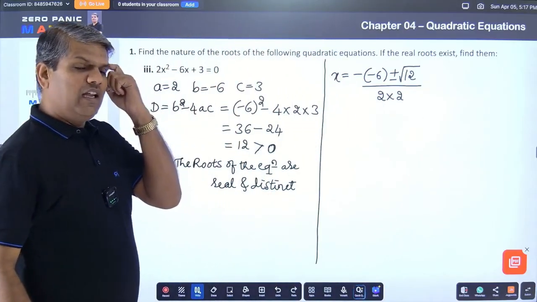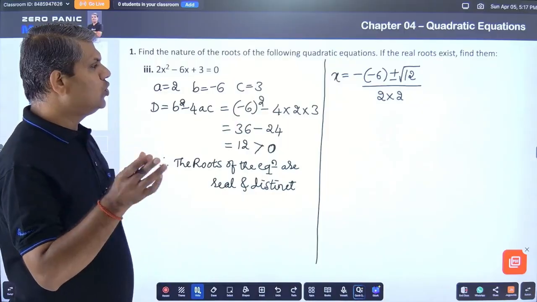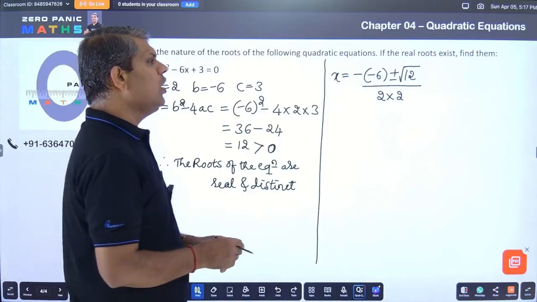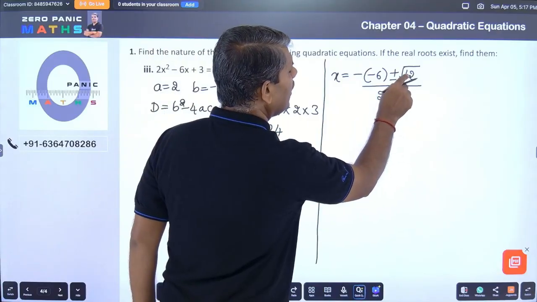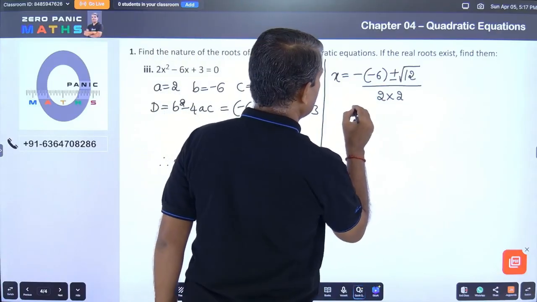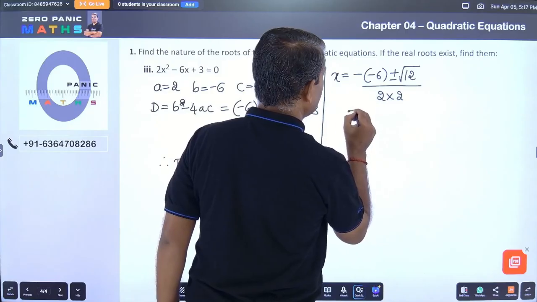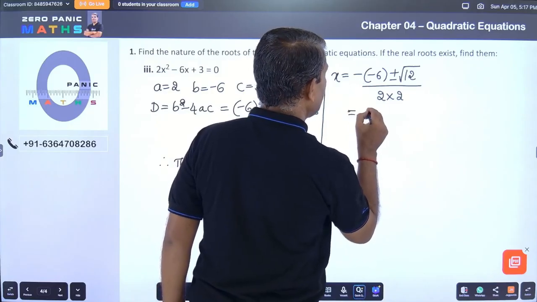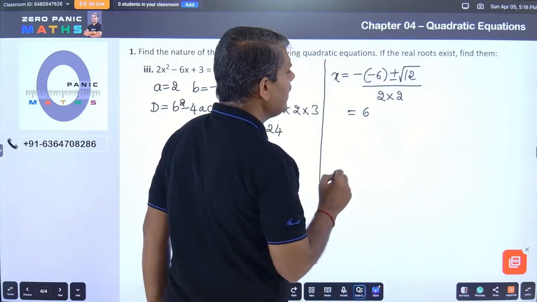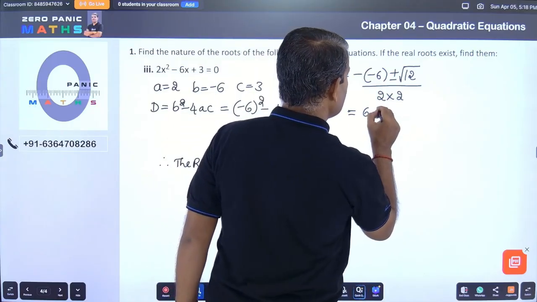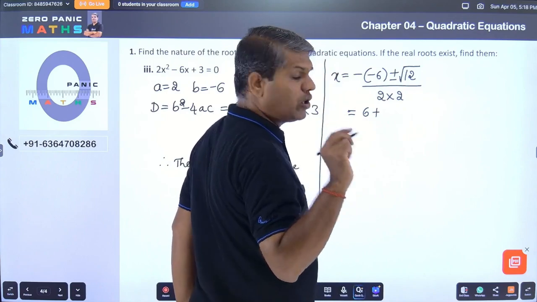Okay, now here you have to do a little bit of adjustment to cancel 2 from this square root of 2. Okay, let us see how do I do that. Okay, minus into minus, I will write 6. Okay, and with plus 1 root and with minus 1 root you have to do.